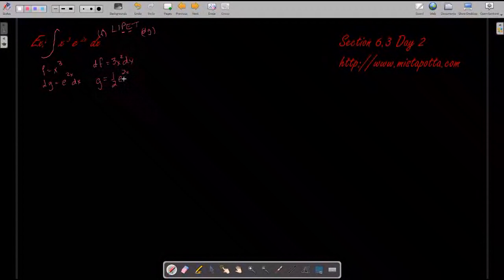And I notice that whenever I take the derivative of an exponential, the 2 gets multiplied. So whenever I'm taking the antiderivative, if this is a linear expression, then I could just divide by that coefficient.